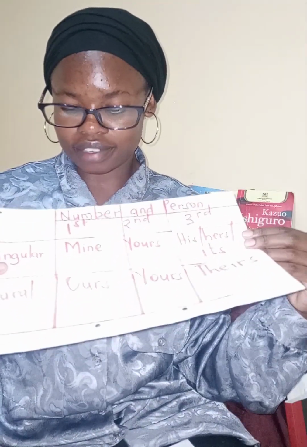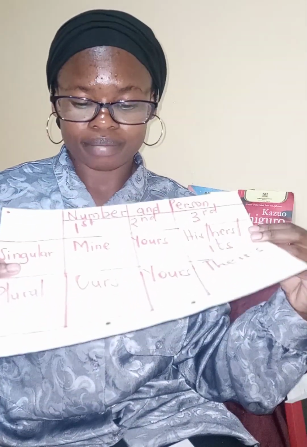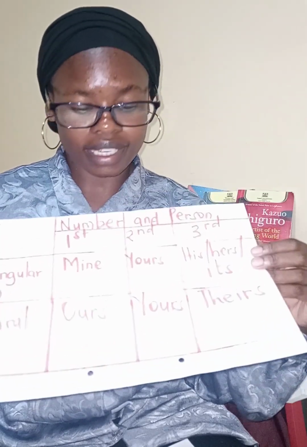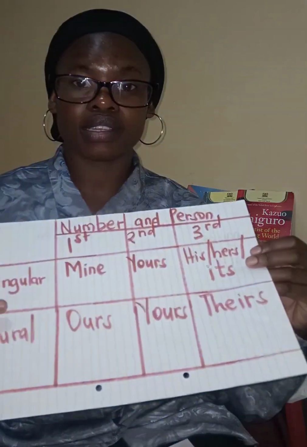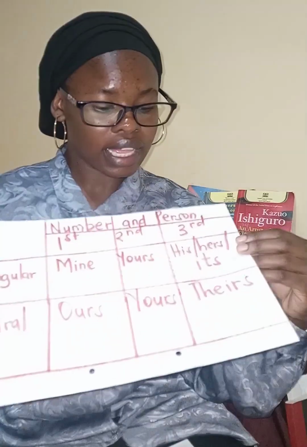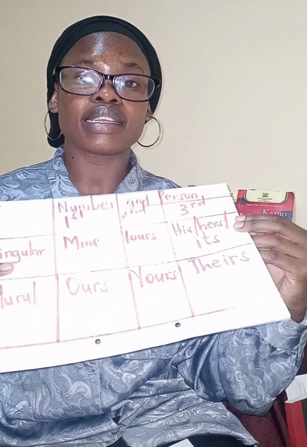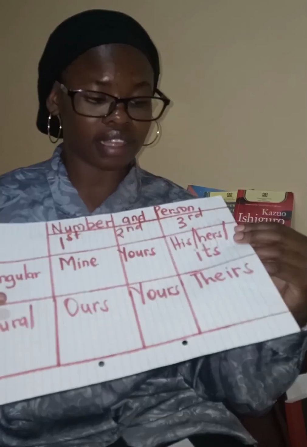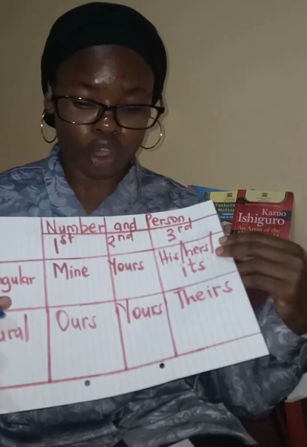Take a look at the box. We have mine, first person, ours in the plural form. Second person, we have yours, both in the plural and singular form. His, hers, and its in the singular becomes theirs in the plural form.